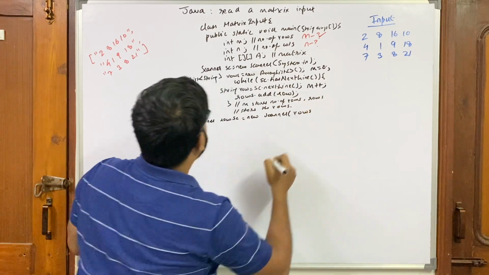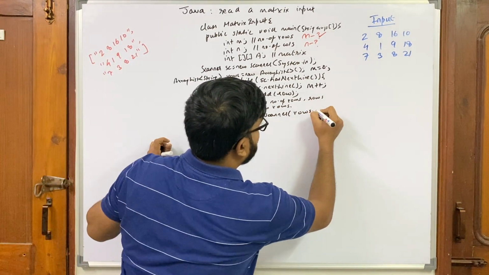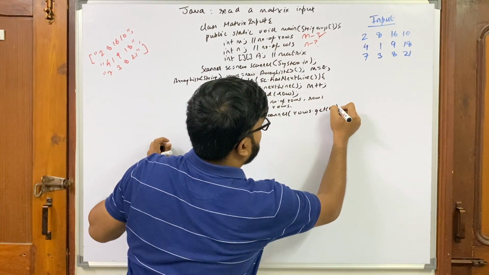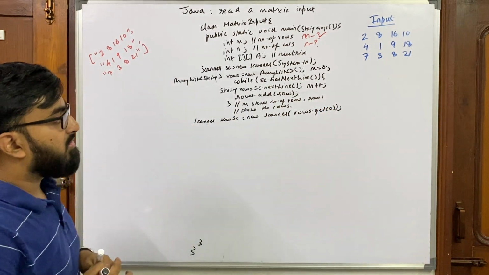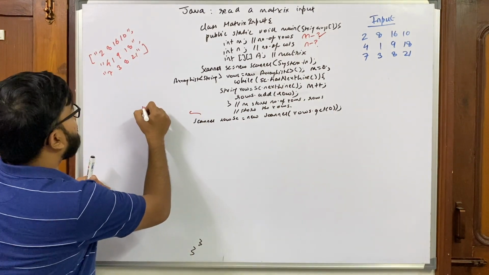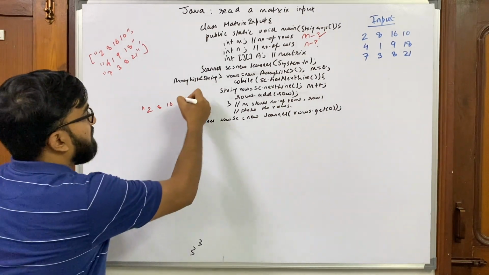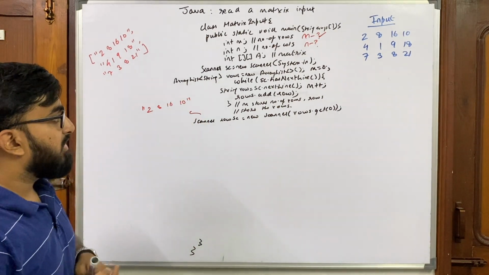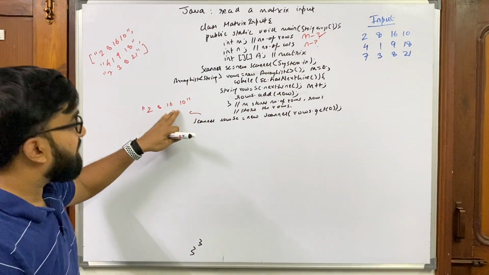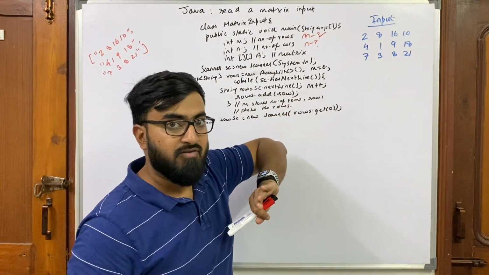In order to get the first row from this rows ArrayList, I do rows.get(0). Now this Scanner is basically scanning this string 2, 8, 16, 10, and it will scan this string in the very same way a Scanner scans from standard input, following the same rules.